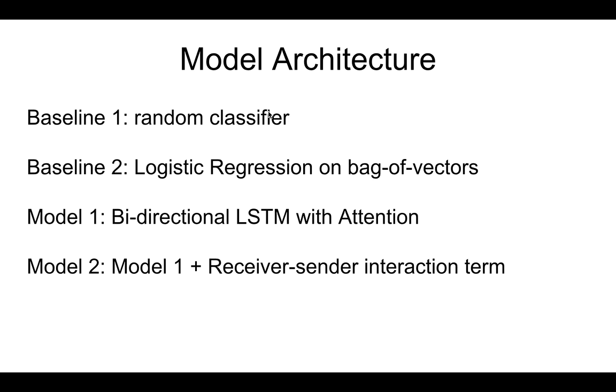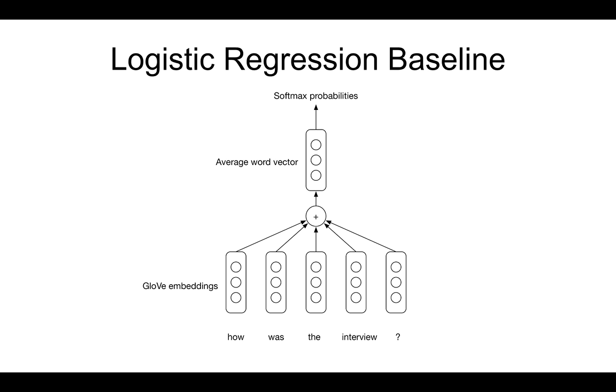I built 3 models, and I'm planning on building a 4th one in this project. I'll tell you about 3 of them. The first one is just a linear baseline that uses logistic regression on the average GloVe vector embedding of the words in the email.